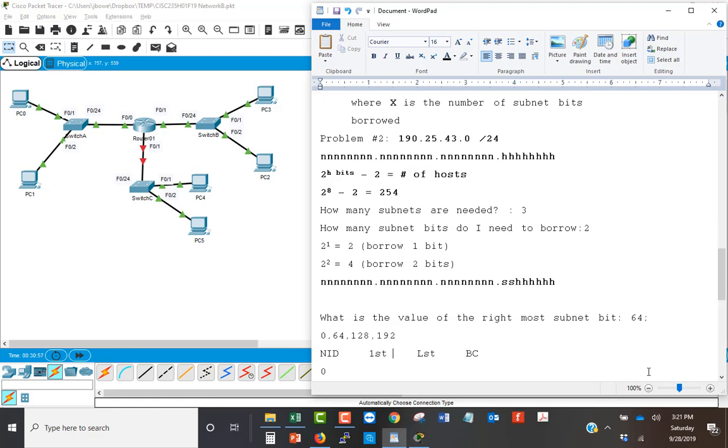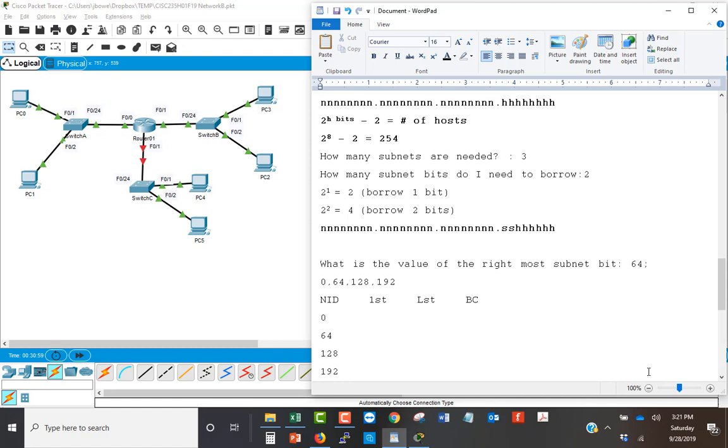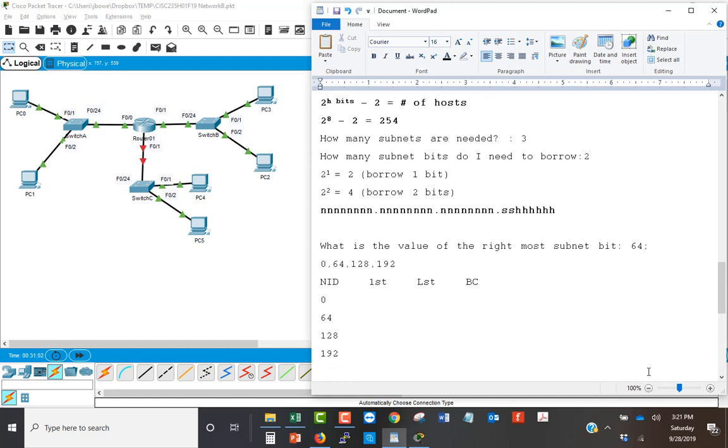So let's go down and complete our table. Here are our network IDs, and we're only using the first 3. Could I use the last 3? Yes, you could. In fact, you could use the first, the third, and the fourth. It really doesn't matter which of the 4 you use.